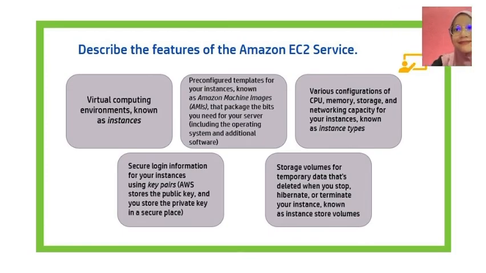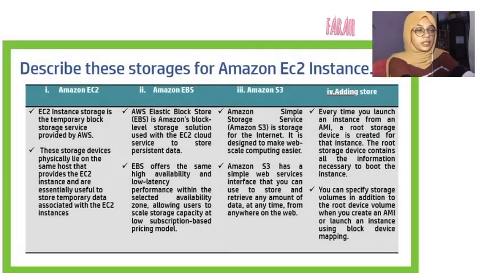I will present the next slide: describe the storage for an Amazon EC2 instance. First, EC2 instance storage is the temporary block storage service provided by AWS. This storage device physically lies on the same host that provides the EC2 instance and is useful for storing temporary data associated with the EC2 instance.